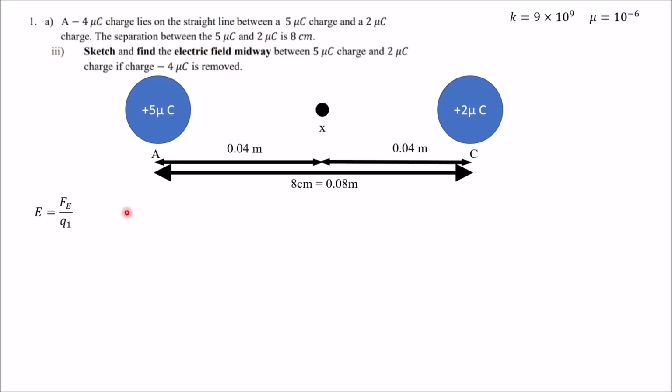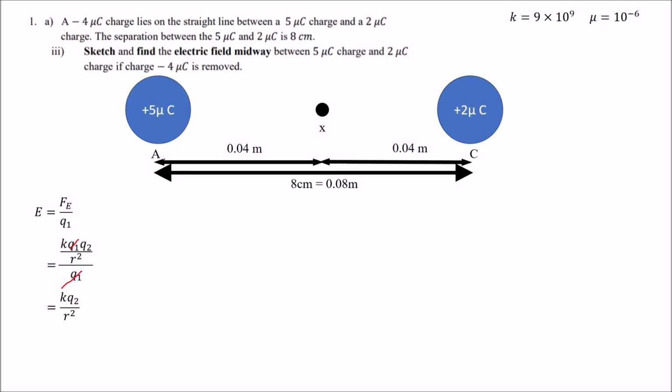So if you expand the force equation, it will be k q1 q2 over r squared, over q1, and we can erase the similar value, and then we will get k q2 over r squared. It depends on you, q2 is just which one is causing it. This one is the charge by which the force is exerted.